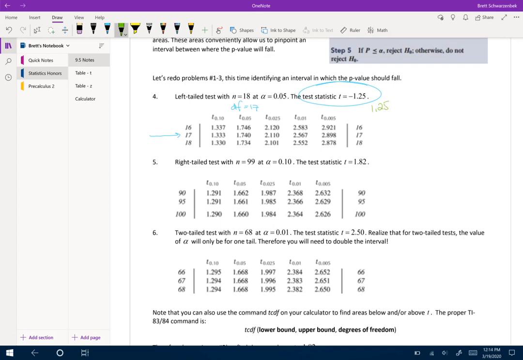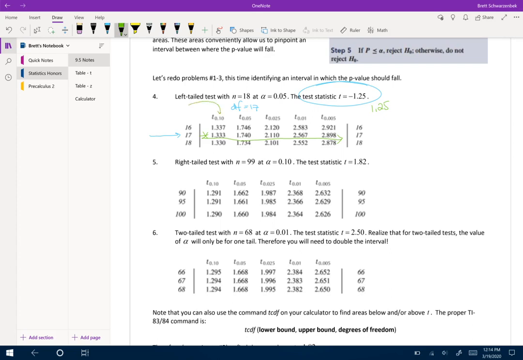If you look at the row right here, it looks like all the values are increasing from left to right. So if we were to locate where 1.25 goes, it would be about right here in our table. It would be less than 1.333. So we use that knowledge to make an idea of what the actual p-value would be. This is the important part.